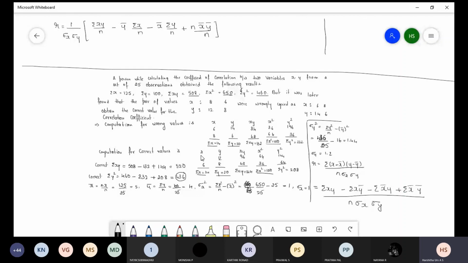Formula for sum of x bar y bar is equal to n into x bar into y bar.